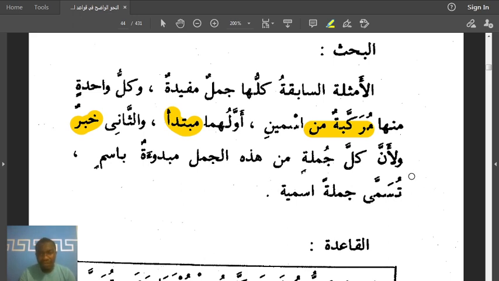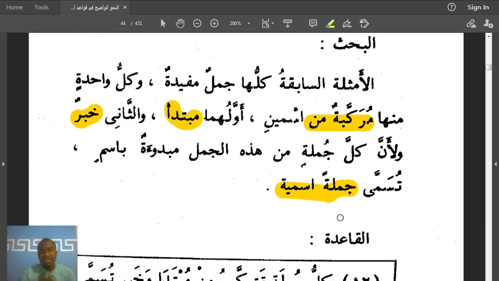And because each sentence among these sentences is begun with a noun, or started with a noun, it is called jumla ismiya, our topic.